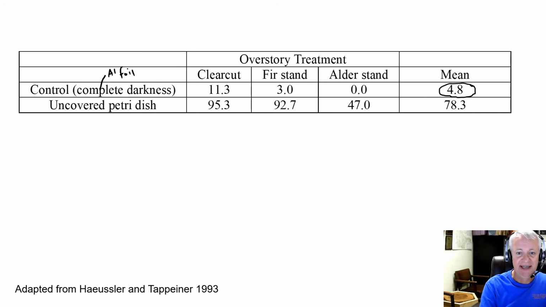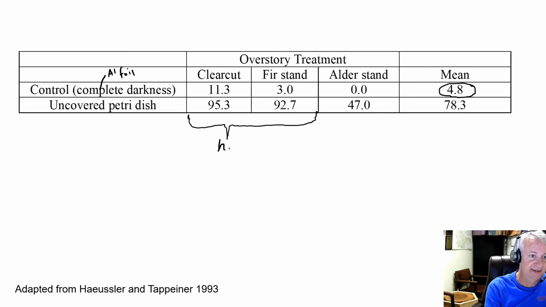So basically, in the dark, alder seeds don't germinate. But when uncovered, there was very high germination of alder seeds in the open and underneath the fir stand. So very high germination. And much lower underneath alder.